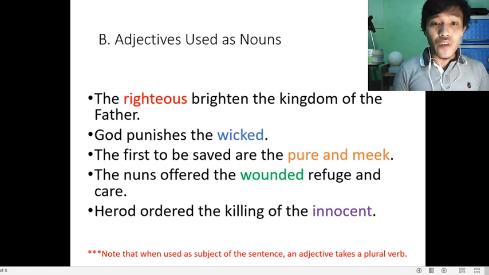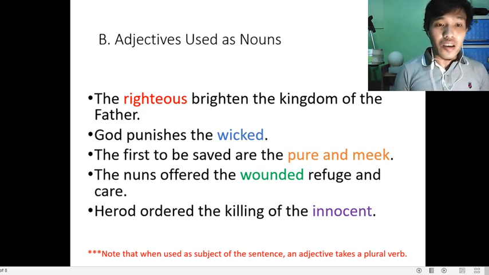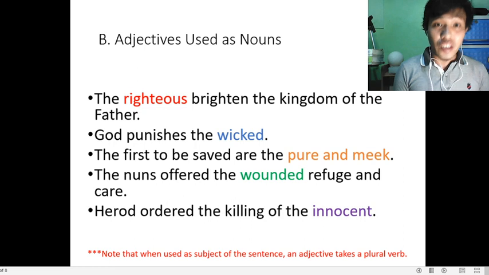"The nuns offer the wounded refuge and care." Wounded. Very good, that is our adjective used as a noun. Lastly, "King Herod ordered the killing of the innocent." What is the adjective there? Innocent. Perfect.